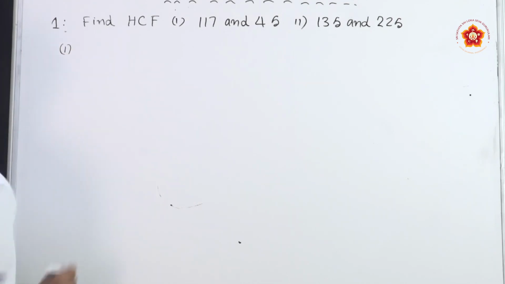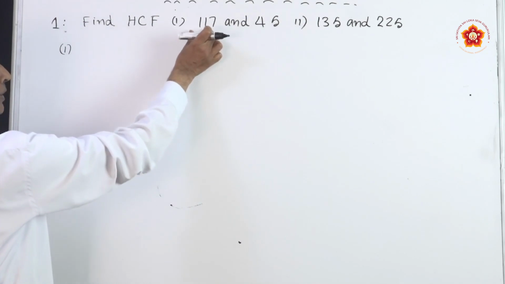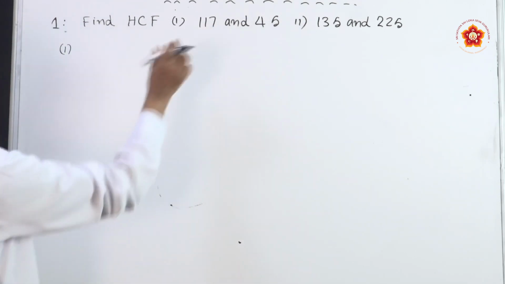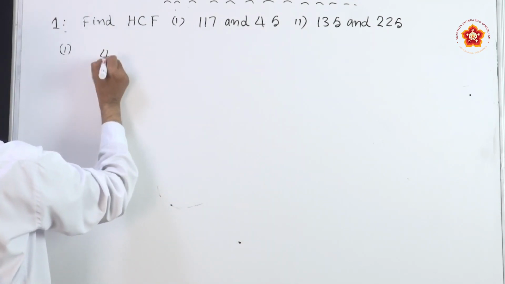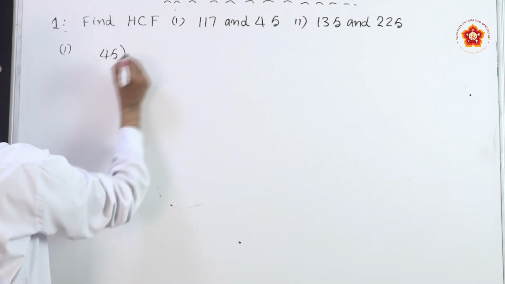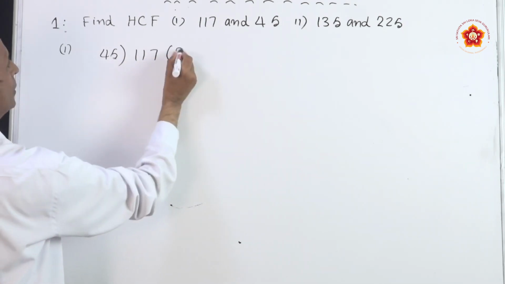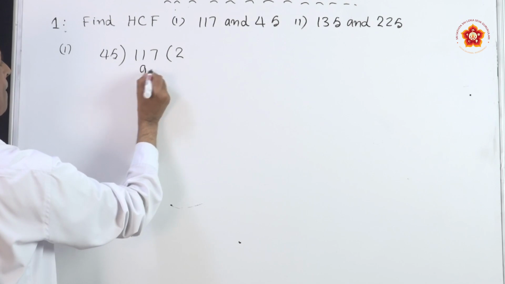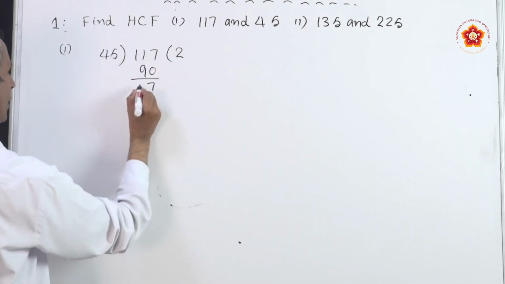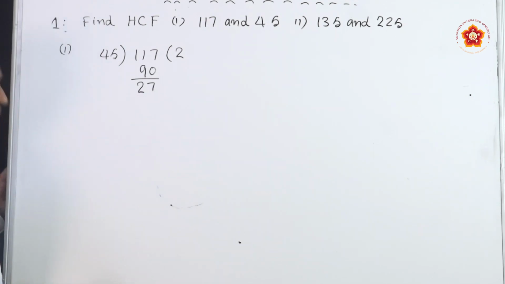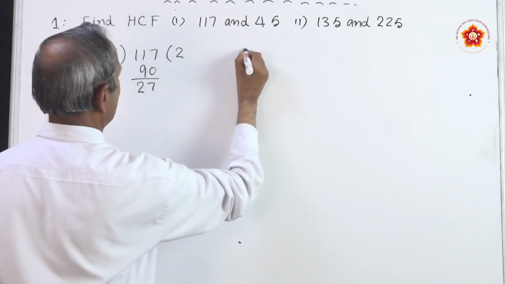First problem. Here, out of these two numbers, 117 is the greater number. Now, we have to divide 117 by 45. Let us divide now. You have to divide 45 into 117. It will go 2 times, 45 times 2 is 90. You will get remainder 27. Now, using the Euclid division lemma, let us write the steps here.